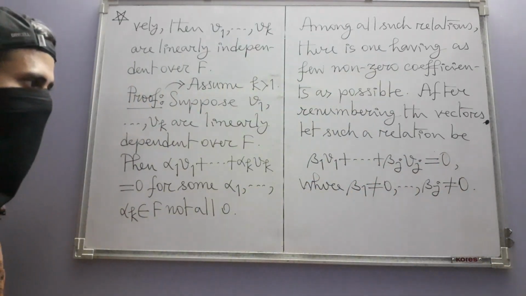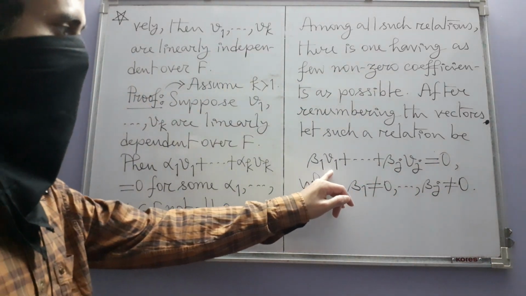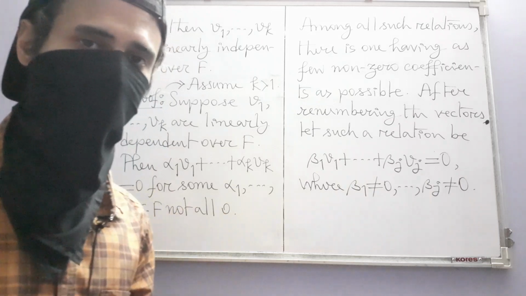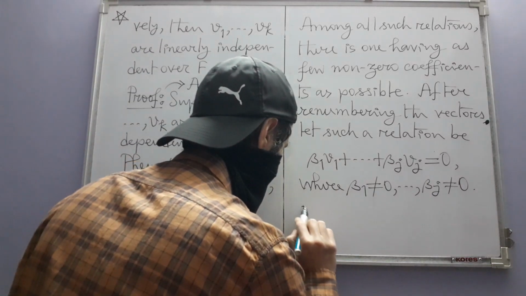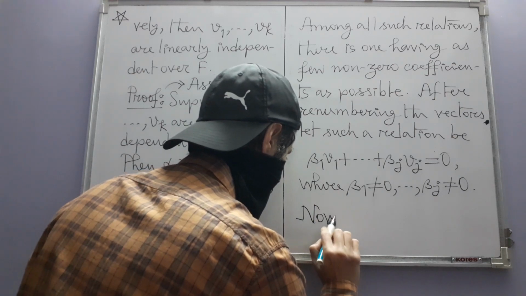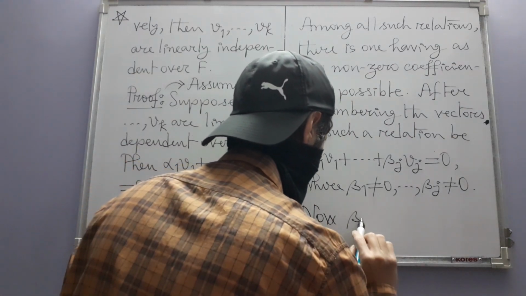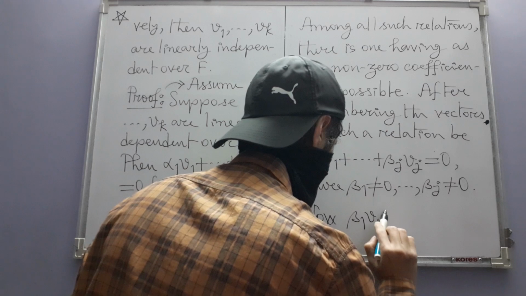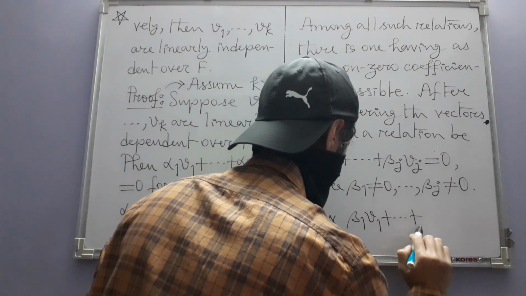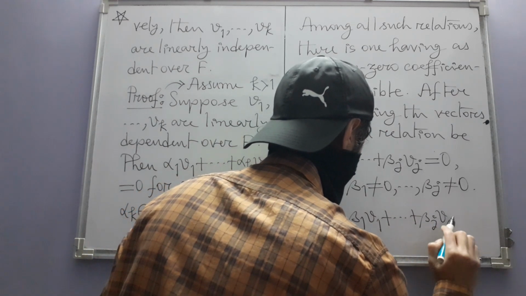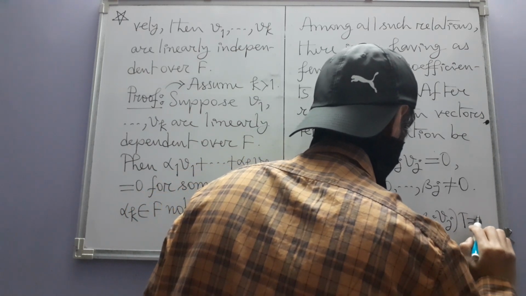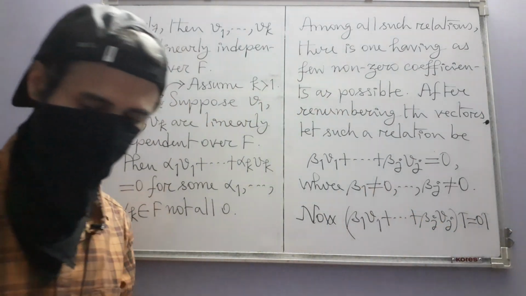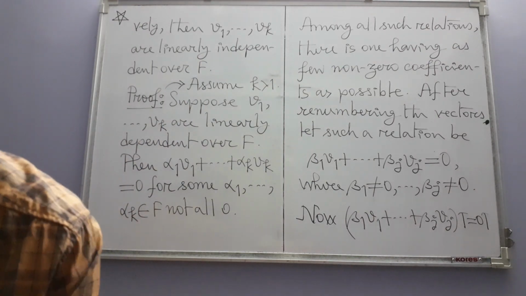Okay. Now what will happen if we apply t on both sides of this relation? Beta j vj t will be equal to 0 t. So let's carry out the calculation on that side.